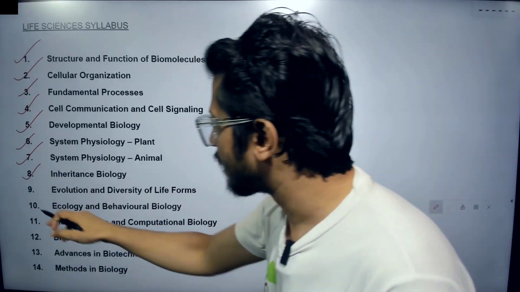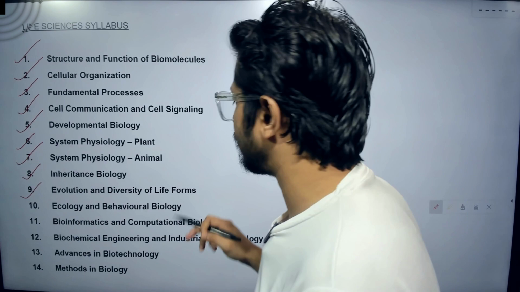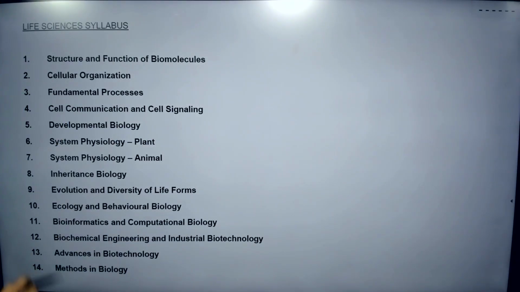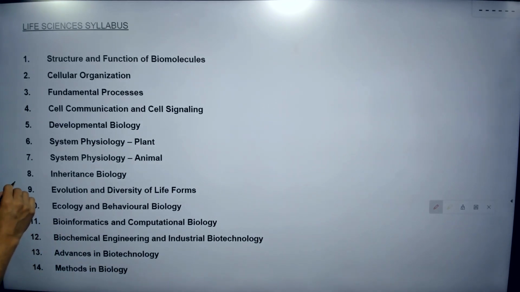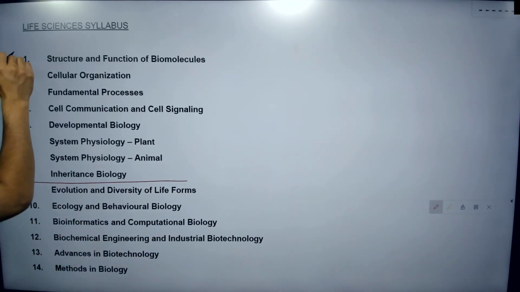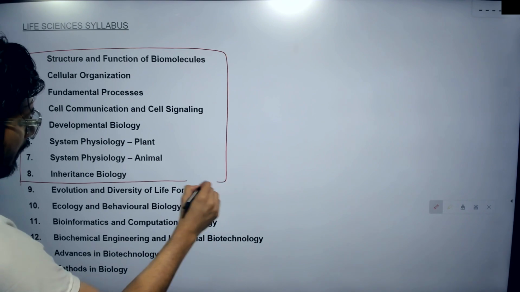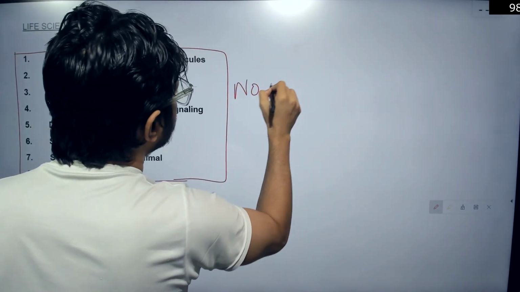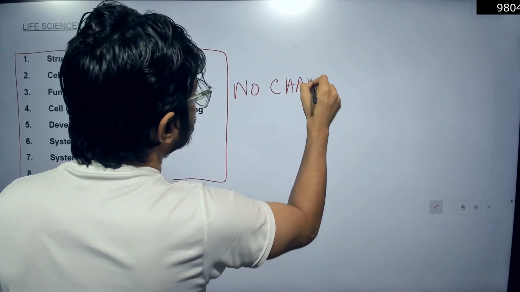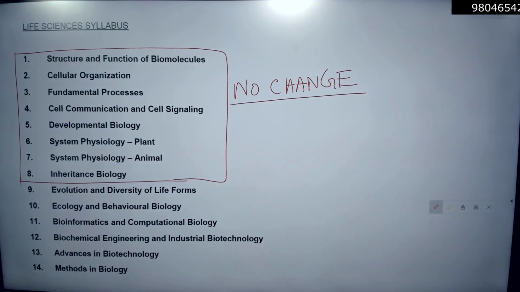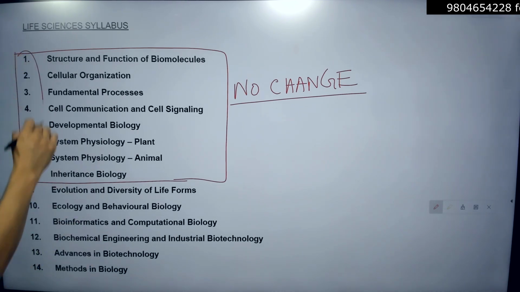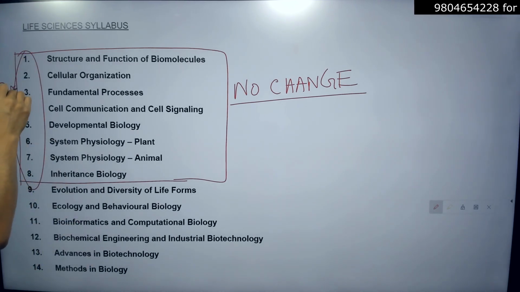All the same. Till unit 8, there is no change made whatsoever. Mark my word, no change till unit 8 as per the new LSBT syllabus. Everything is the same as the CSIR NET syllabus.